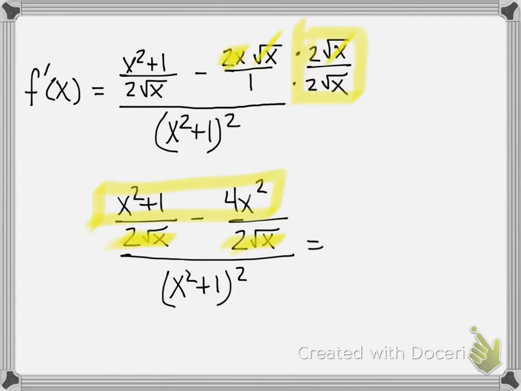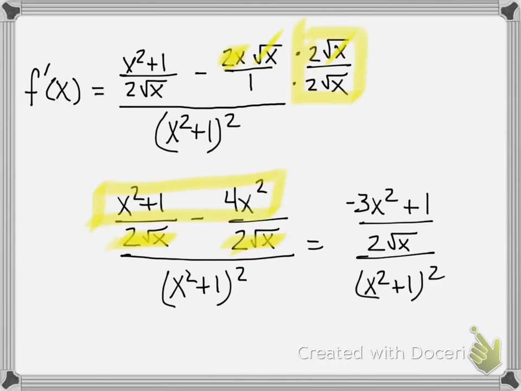So that is going to be equal to negative 3x squared plus 1 over 2 radical x, all over x squared plus 1 squared. Alright, so we know that if a denominator is ever 0, it's going to be undefined. And if that's 0, it would make the top portion undefined.